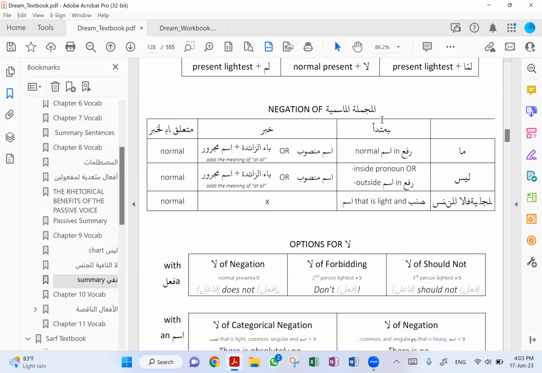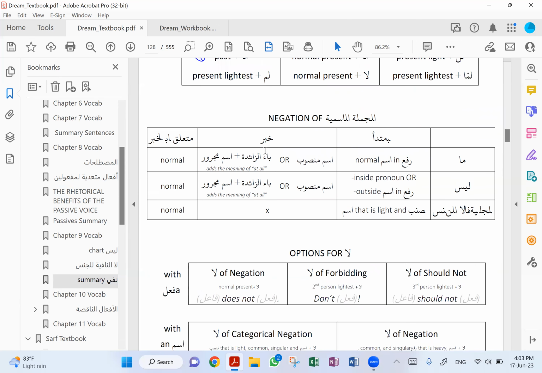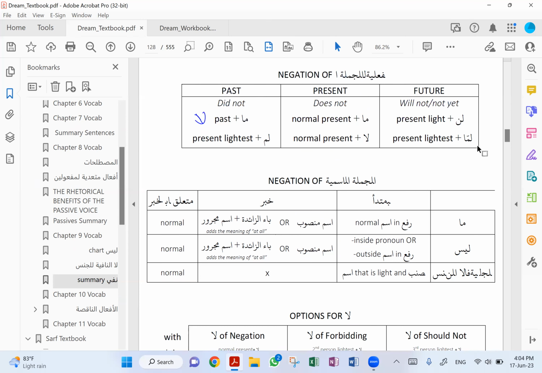And then negation of jumla ismiya. Oh, sorry. Lamma plus madi means when, right? Yes, lamma, when it comes with the madi, it means when. Actually, I was just learning recently, there are 4 kinds of lamma, which I didn't know. The more you learn, the more you realize we don't know anything really.